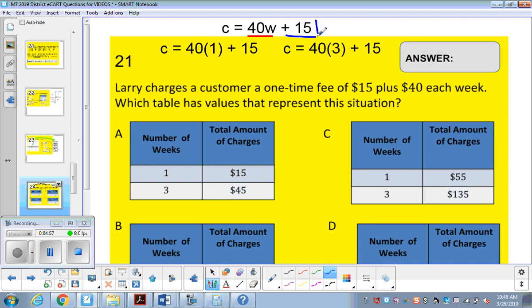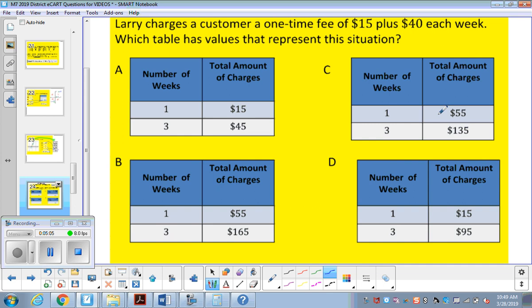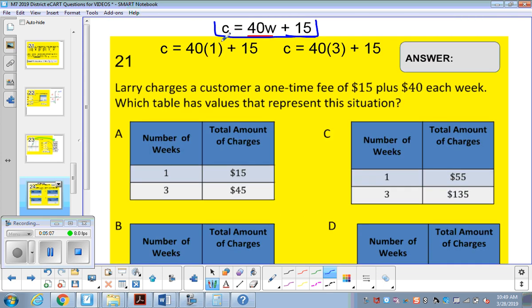So now up top, we have our equation, and we're going to simply plug in the 1 and the 3, because 1 and 3 are the proposed inputs for all of these tables of values. If somebody is only going to be using Larry for 1 week, that's $40 plus the $15 one-time fee, so 1 week is going to be $55. So we're looking for an input of 1 and an output of 55.